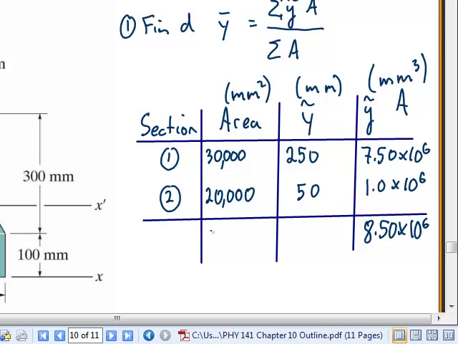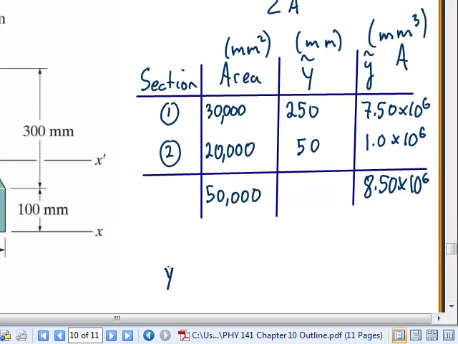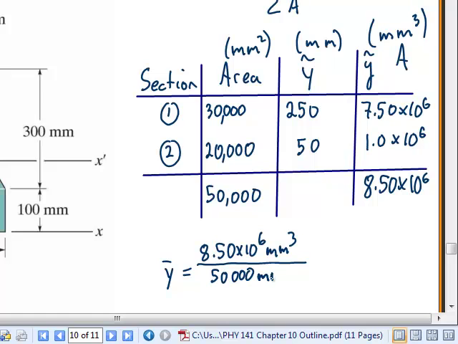Add these up, 50,000. So y bar then is going to be 8.5 times 10 to the 6 millimeters cubed over 50,000 millimeters squared. 170 millimeters.